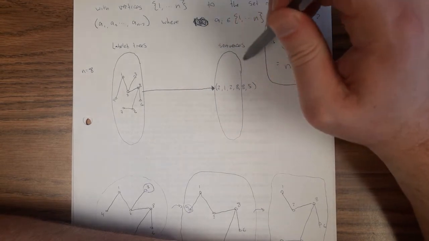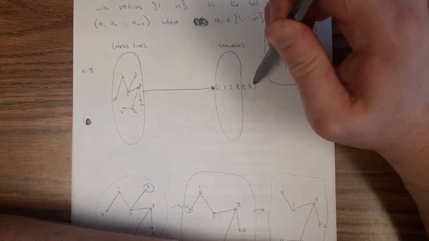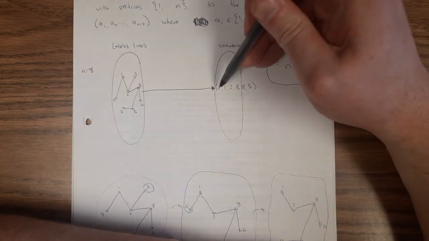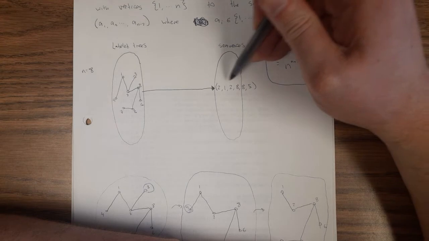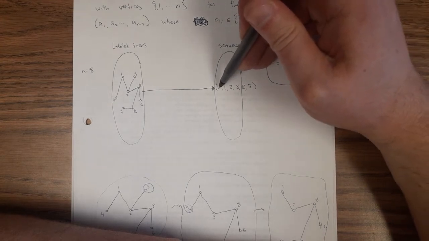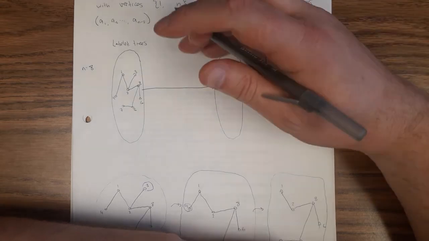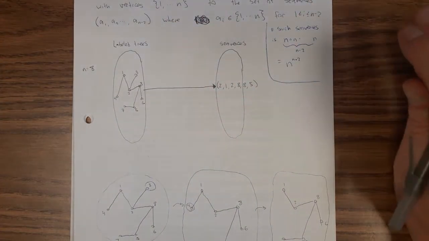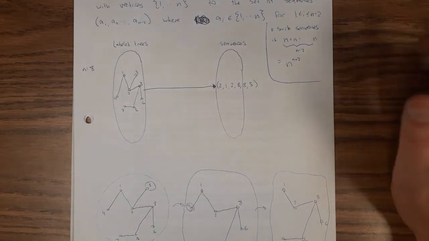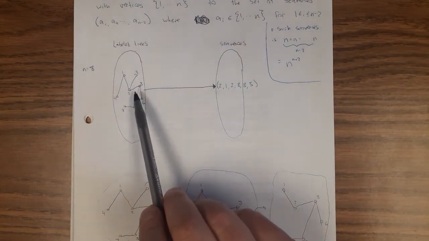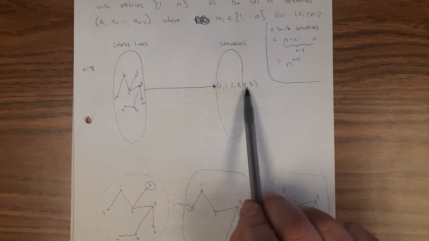And over here, I have the set of sequences, and since n is 8, this should be a sequence of length 6. Hopefully it is. Yeah, it's 6, and each entry is from 1 to 8. And what I'm telling you is that this particular tree goes to this particular sequence.